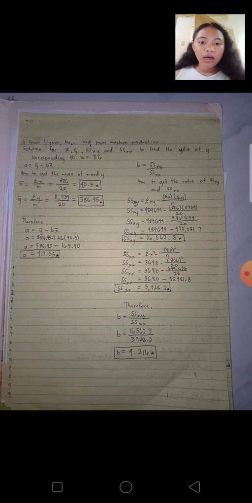And then same process pa din sa gimo nato sa una nga step. I-solve na pud nato ang value ni SSXX, which is ang formula niya is summation of x squared minus summation of x to the power of 2 over the total population. Ang summation of x squared nato ganina sa table is 36,410. Tapos ang summation of x nato is ang 806 to the power of 2 over the total population of 20.